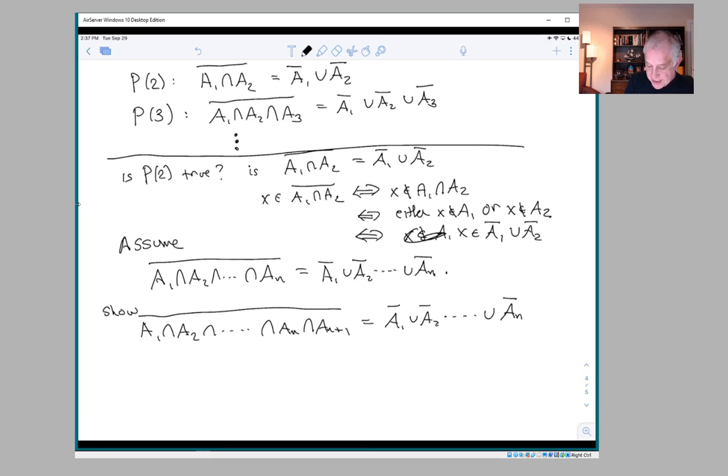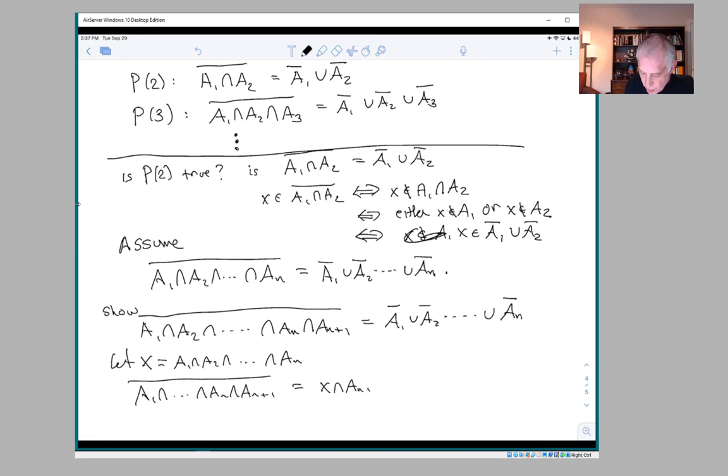So how can you get a grip on this? Well, one way to do that is to let, for the moment, X be the set A1 intersect A2 intersect up to An. So that the left-hand side here is the complement of X intersect An plus 1. But by the statement for 2 sets, we know this is equal to the complement of X union the complement of An plus 1.